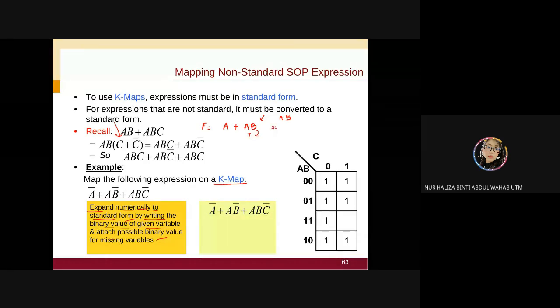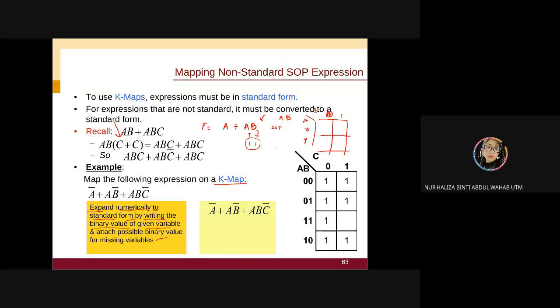This one is SOP, so your answer will be 1, 1. At 1, 1, with B and A axes 0, 1, you're going to get 1 because this one is SOP.